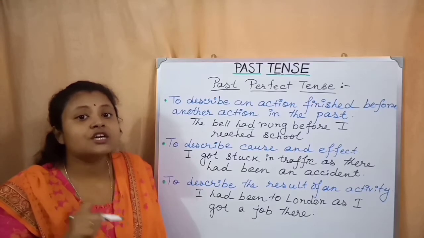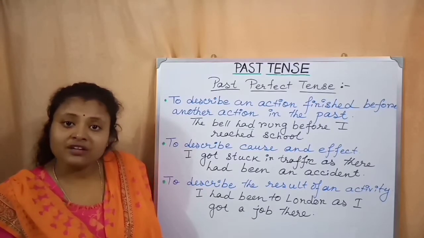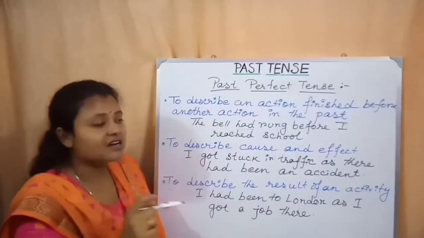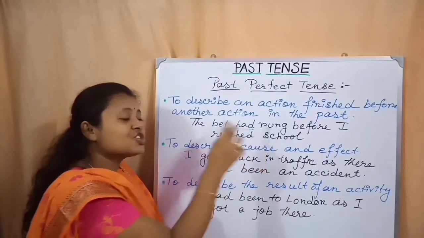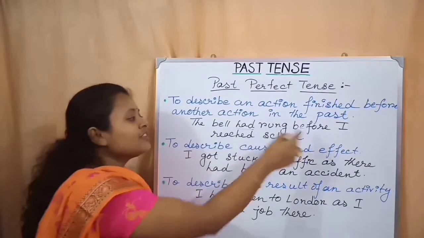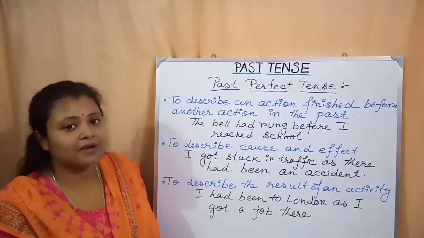Like write, wrote, written, go, went, gone. Similarly here, ring, rang, rung. So the bell had rung because I told you this action happened at first. After that you reached the school. So for the second incident, I have used here simple past tense.